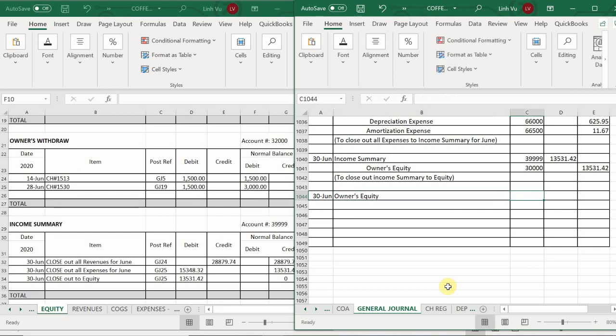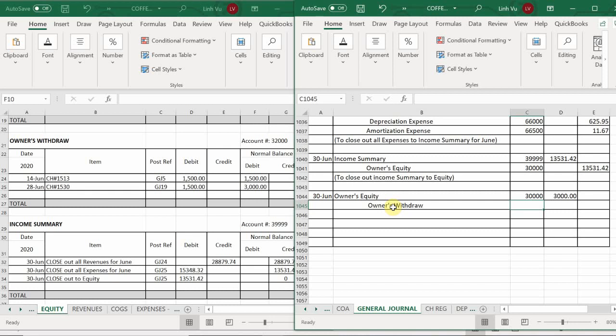This is where, if you guys remember from way back then, an owner's withdrawal is going to decrease the owner's equity, okay, by $3,000. So there's owner's equity, and we're going to go ahead and say this is an owner's withdrawal.